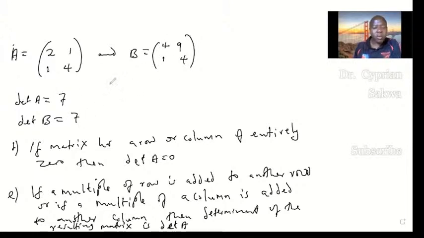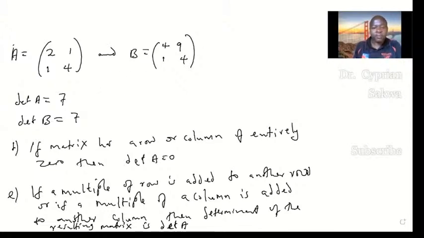So that means multiplying a row by a constant, then adding it to another row, does not change the determinant. The same thing applies to the column. If I was to multiply a column by a constant, then add it to another column, that will not change the determinant of this matrix.